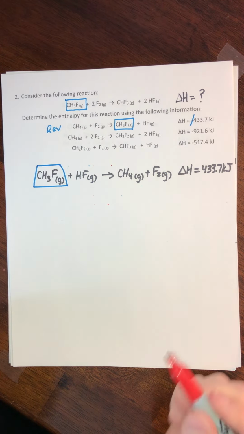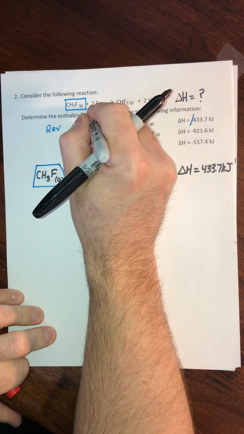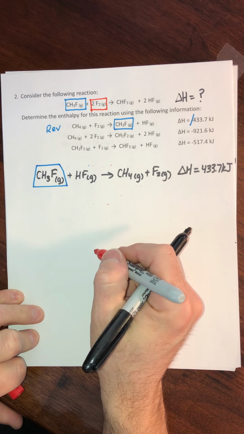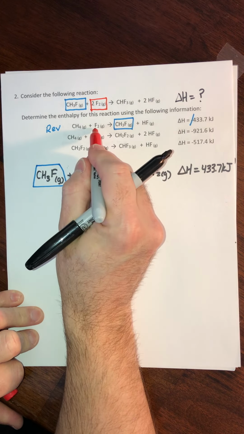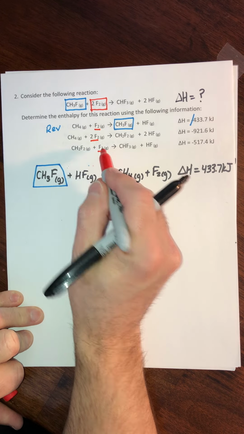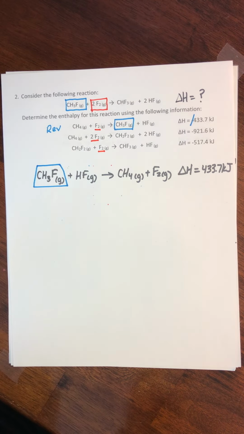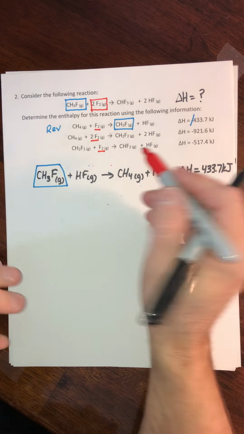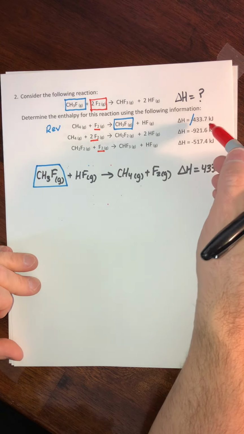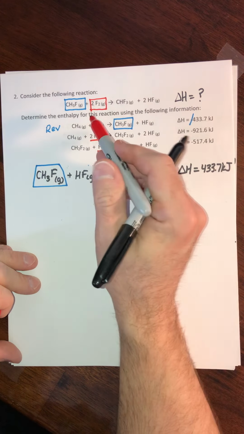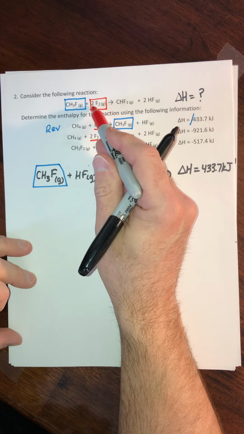All right. So now if I look to my next chemical, the F2s, I see that I have a bit of a problem, because F2 shows up in not one equation, not two equations, but all three of the given equations. So really, I can't use this to decide how I'm going to modify any of the given equations, right? Because there are many different ways to come up with two fluorines.